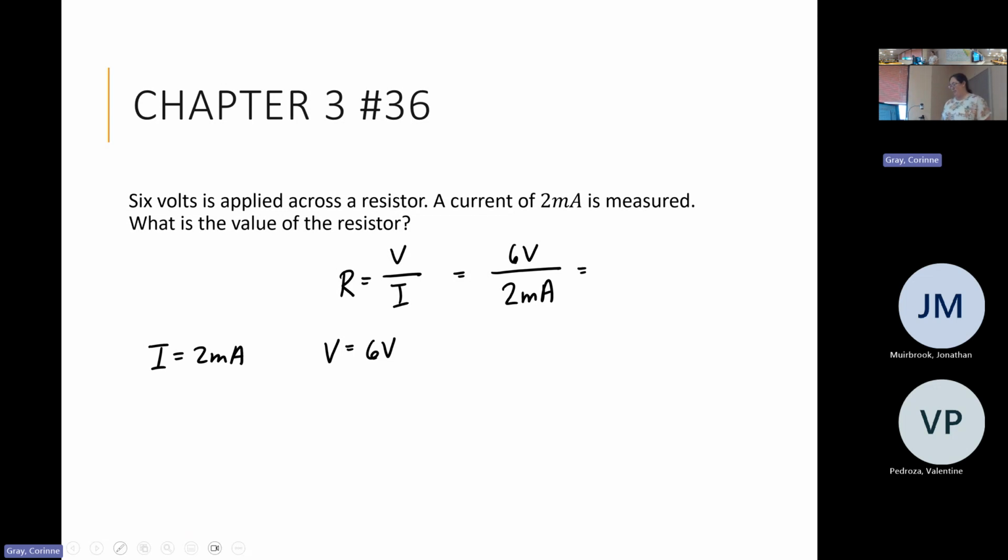If I go through and plug this in, I'm going to have 3 volts per milliamp. I would like to convert this in my units. So now I don't need to worry about the 3. Now I need to try to figure out how do I get this into some form of ohms. So I need to move that prefix in the denominator into the numerator. So milli is 10 to the what? Okay. So I'm dividing by 10 to the negative 3, which is the same as multiplying by what?